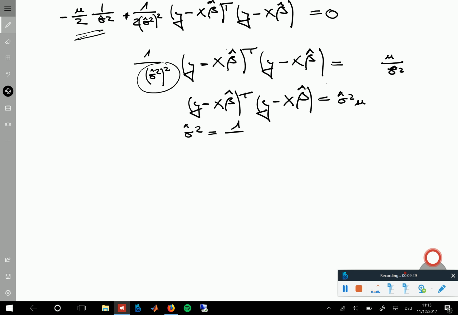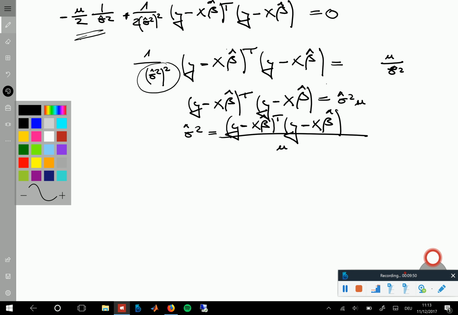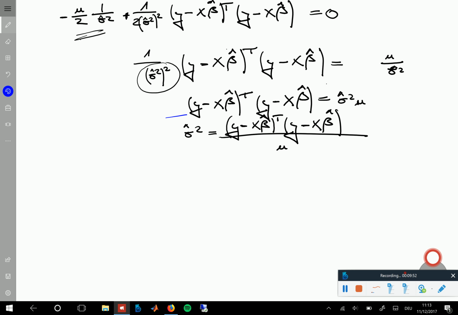It's 1 over n, or maybe I write it the other way, y minus x beta transposed times y minus x beta hat, divided by n. And that is already the maximum likelihood estimate for sigma square.